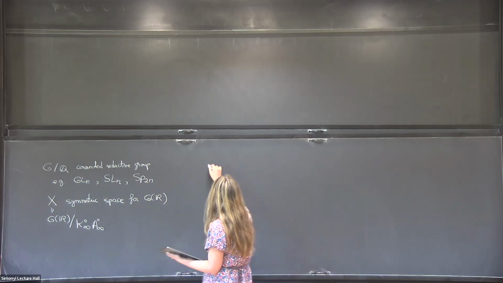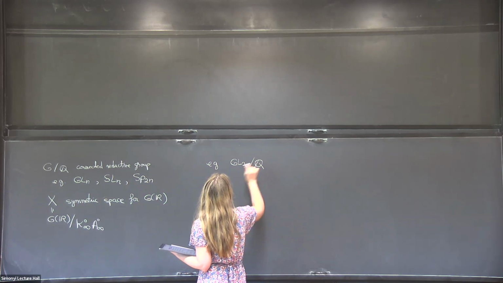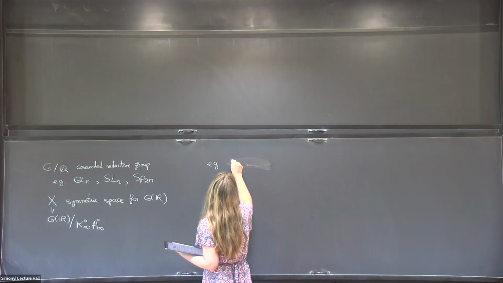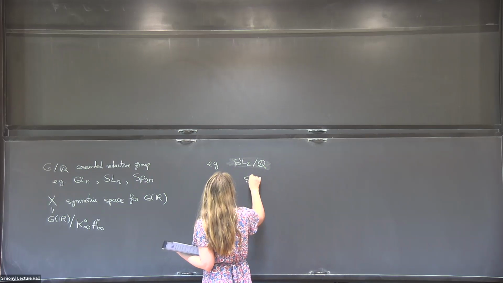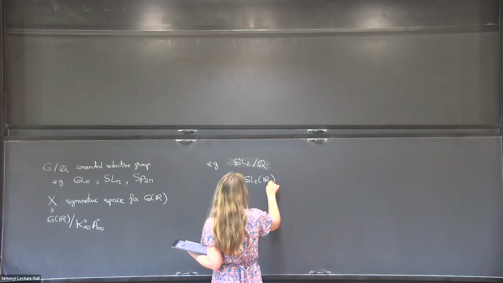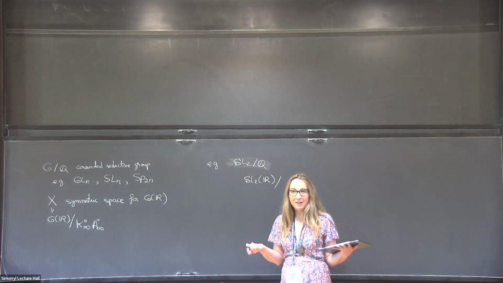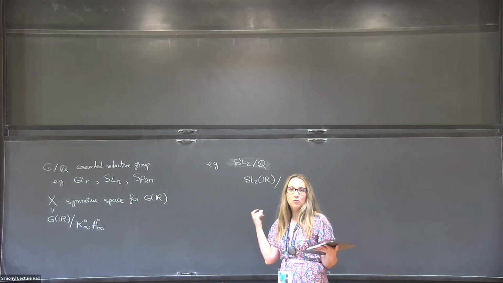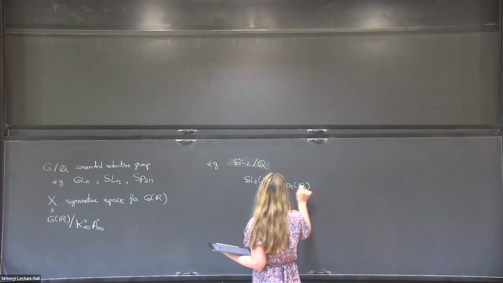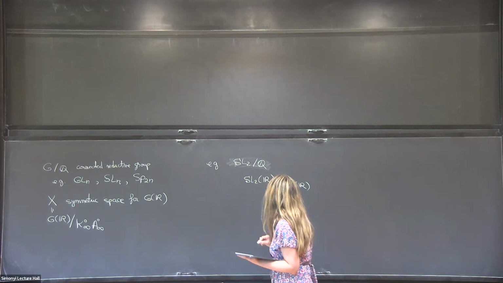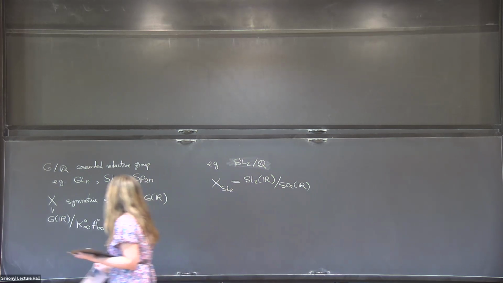I'll just tell you, for example, if you start out with GL_2 over Q, or maybe let me do SL_2 over Q first, then the associated thing is going to be SL_2(R) quotiented out by the maximal compact subgroup inside SL_2(R), which is SO_2(R), the 2 by 2 orthogonal matrices with real coefficients. The torus part actually doesn't come up, so we don't have to worry about it. That's going to be the X, so maybe I say X_SL2. We'll call this X sub G.